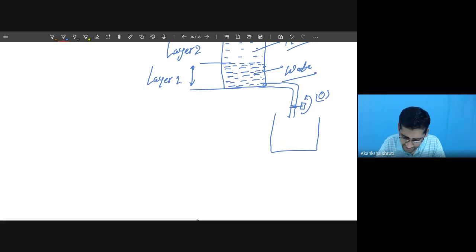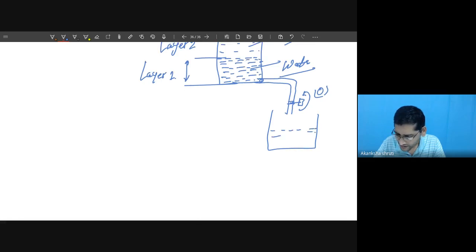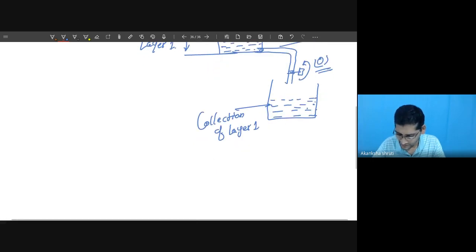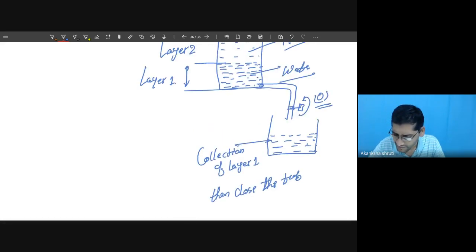When this layer 1 has almost dropped or totally got collected in this beaker, this is the collection of layer 1, then you close the tap. This is our tap, whatever I have drawn is called the tap.